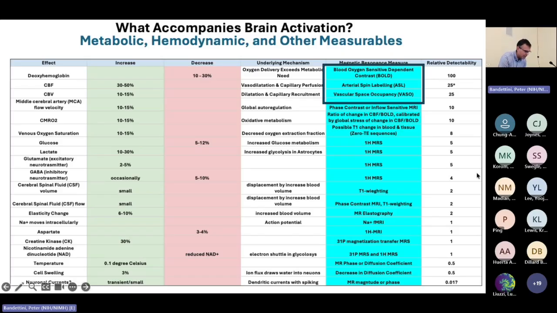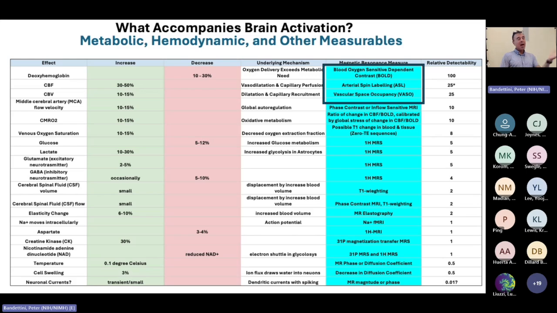So then you also have cell swelling. That's a technique that Denis Lebihan, who was a pioneer in diffusion imaging, claims that he was able to see. If you have a lot of diffusion weighting, a lot of you probably haven't learned about diffusion weighting yet, but the idea is that the signal is proportional to the rate of diffusion of the water molecules as they randomly move in space.